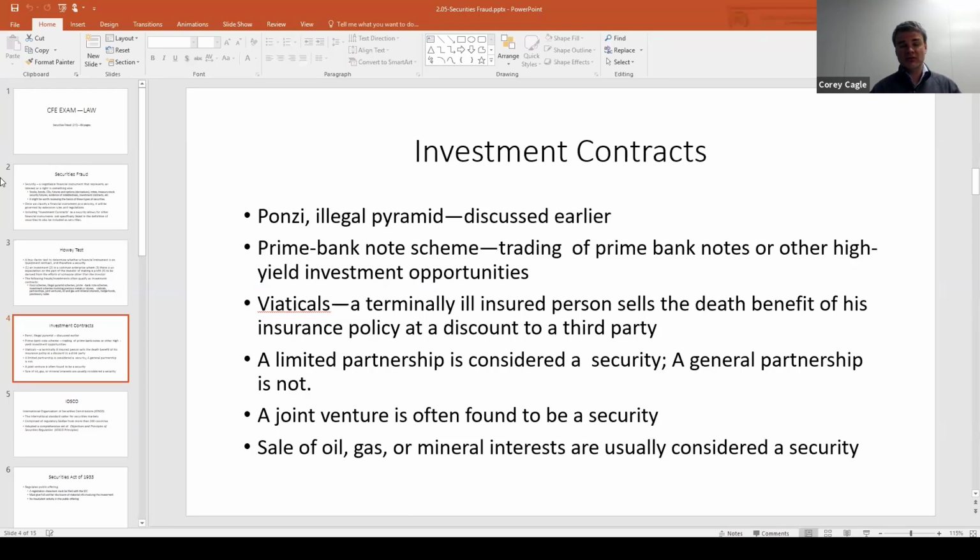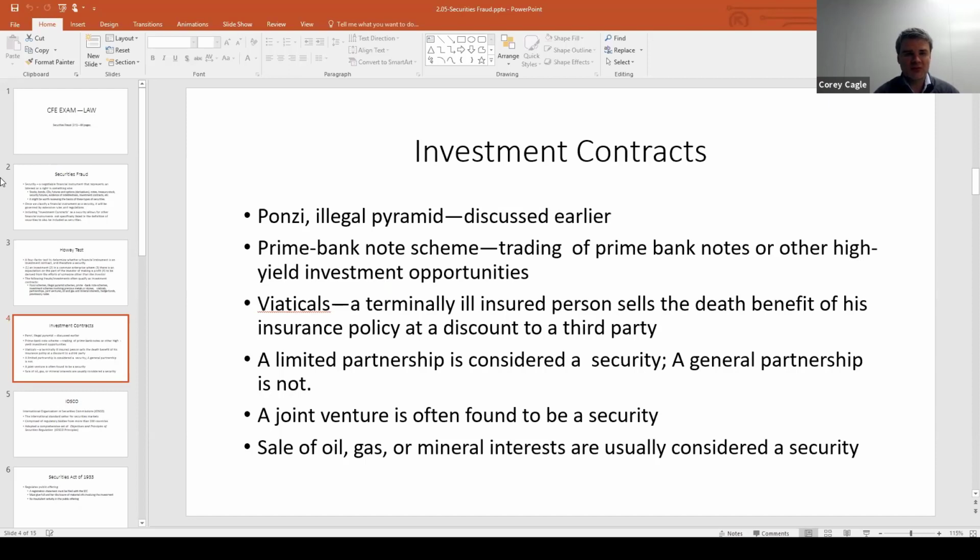Viaticals, a good definition to know, an easy test question to ask. We may have already mentioned it in the past when we were talking life insurance or all the insurance schemes, but a viatical is when a terminally ill insured person is selling the death benefit of their insurance policy to a third party. That is called a viatical. Note that. That's an easy test question. A limited partnership is considered a security.